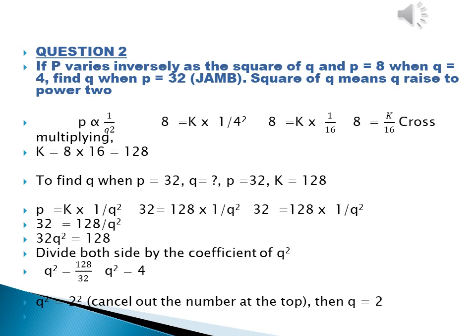Since Q is also raised to 2, the 2 is the power or index. So we have to look for a number that can be raised to 2 so that we can cancel out the index. So at the end of the day, Q will be equal to 2.